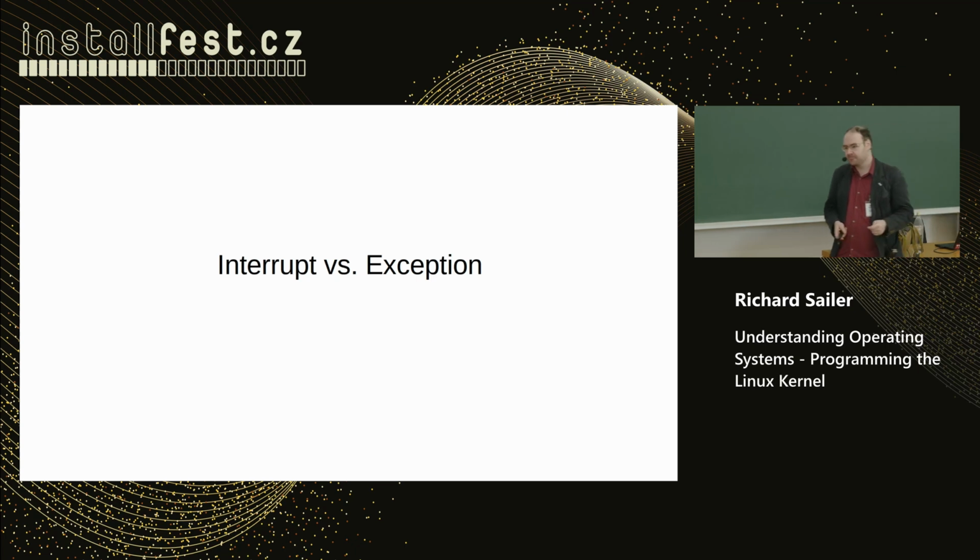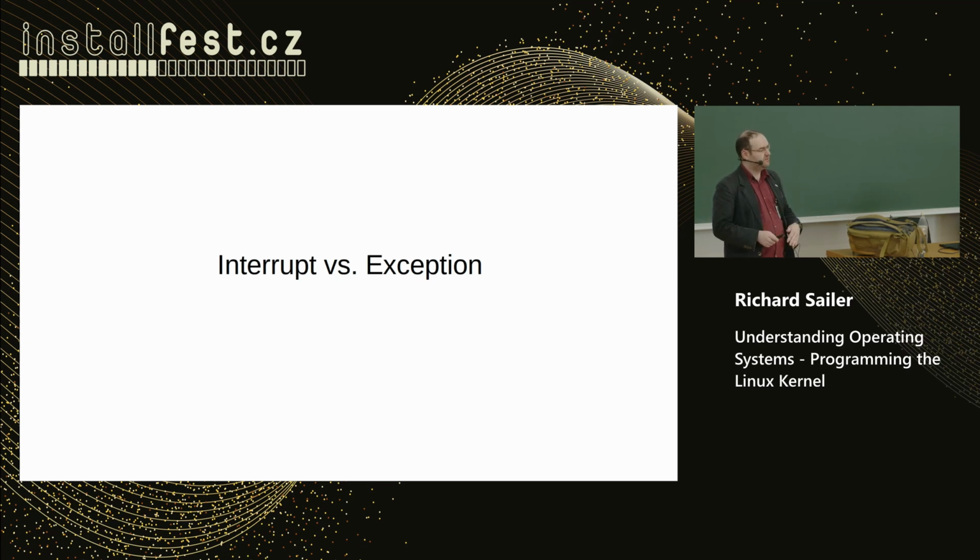And often, especially in older systems, you had one interrupt vector, one central table with all the interrupt numbers and then the addresses of the functions to handle them. Usually you use the same table for the interrupts and for the exceptions, because they're kind of similar from the handling perspective.